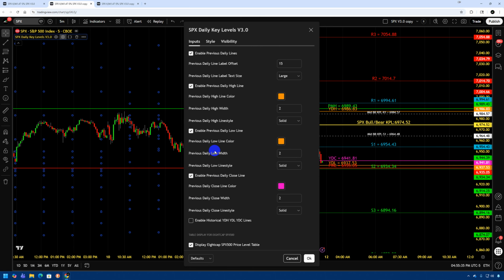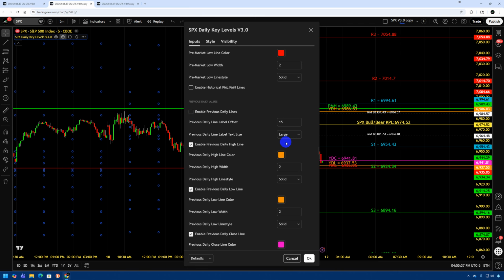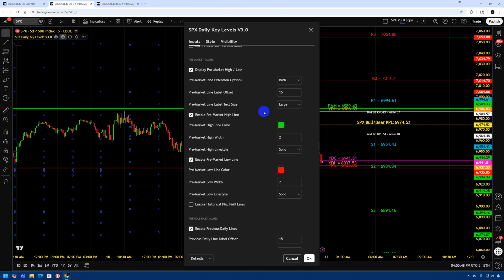So as an example, we'll just go ahead and uncheck the YDH. Now let's go ahead and keep them on as an example. Let's just go ahead and make the PMH and PML levels dashed, and we'll make it like 3.